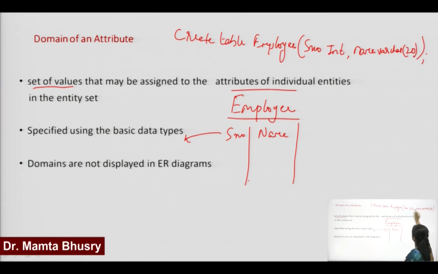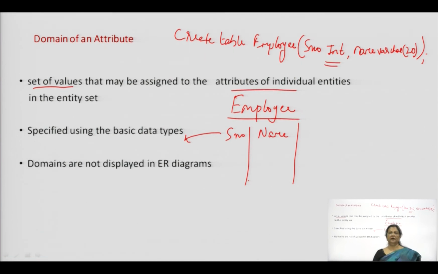Suppose I write this. So, what is this over here? Int. I am defining the domain of the attribute SNO. That means, the domain of the attribute SNO is all possible integer values. So, this can have only the integer values over here. I cannot write maybe minus 32.5 over here. Why? Because this is not an integer value.